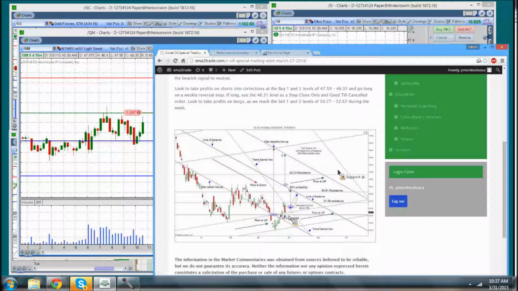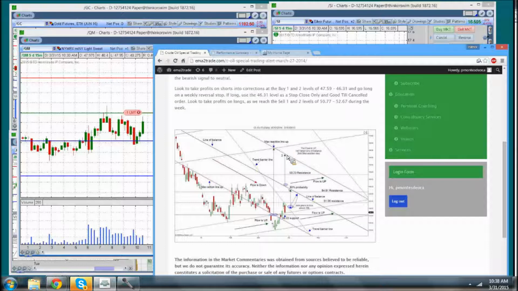By coming down into this level of support, we're looking at a buying recommendation that is giving us a very high probability, about an 80% probability, that we're going to reach the upper end of the line of balance here, resistance that we're looking at in the 64 to 68 vicinity for crude oil.